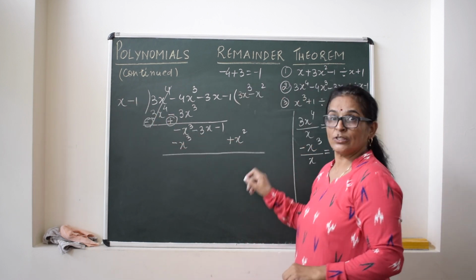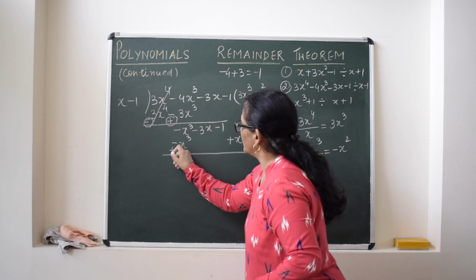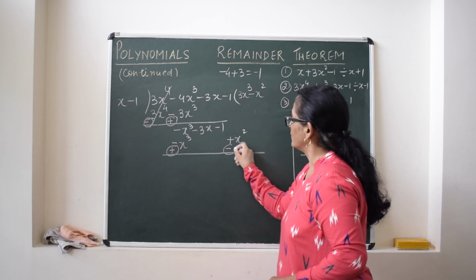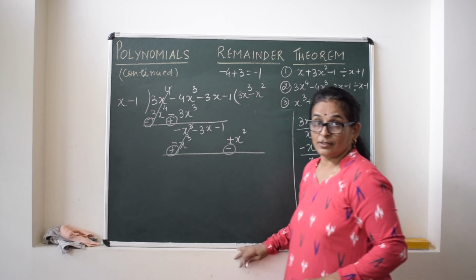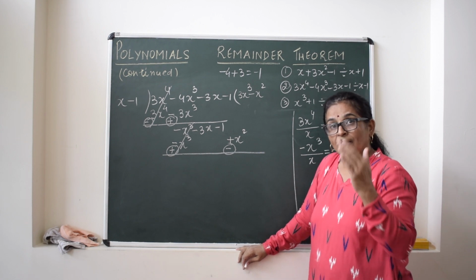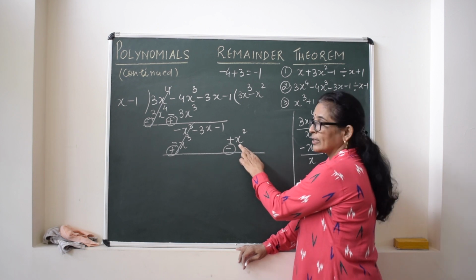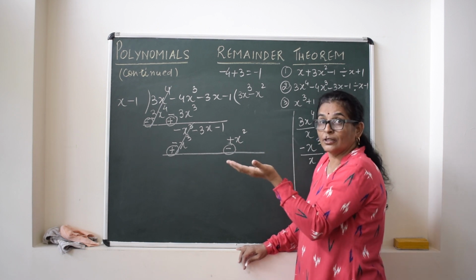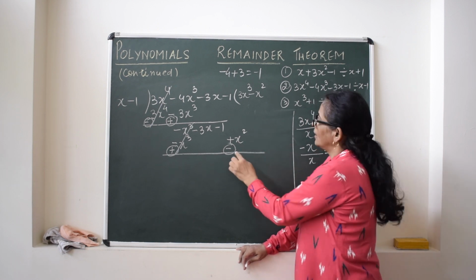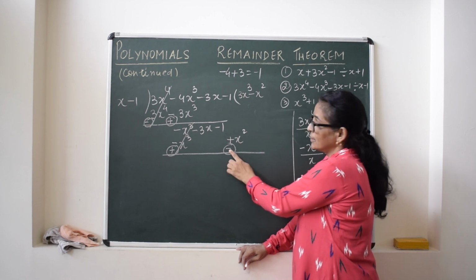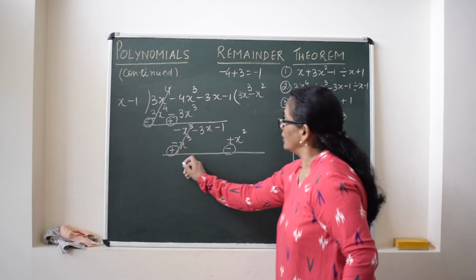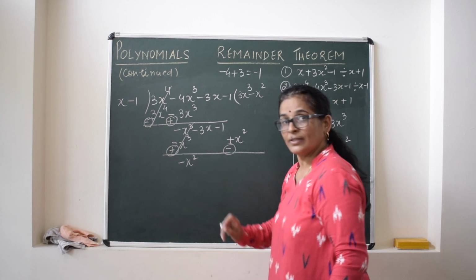Now change the signs. This will be plus, this will be minus. These two will be cancelled. But whenever we write a polynomial, we write in the descending order of the powers of the variable. So this will become the new term of the new dividend, and it is minus. So minus x square will be the new term of the new dividend.